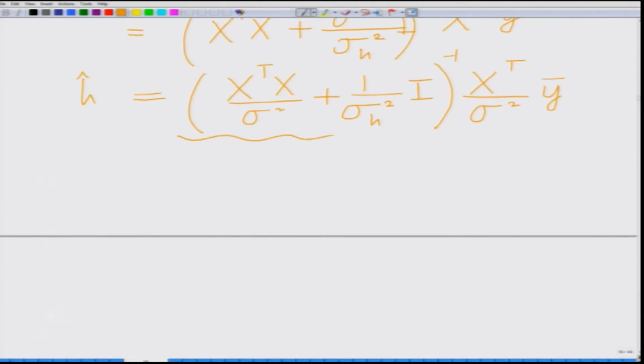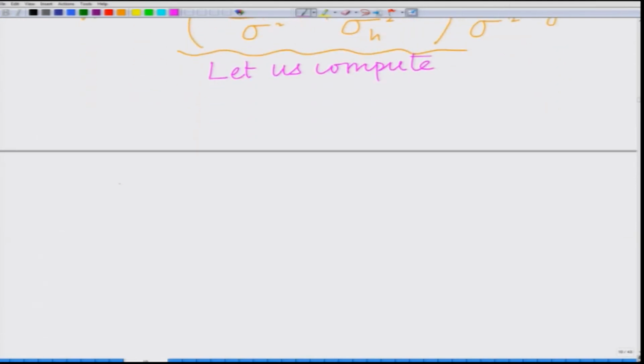Now, let us compute this matrix. So, let us compute this matrix, x transpose x divided by sigma square plus 1 over sigma h square I, inverse. So, towards this, first let us start by computing x transpose x. We know x, that is the pilot matrix. So, x transpose x, simply take the transpose of x.